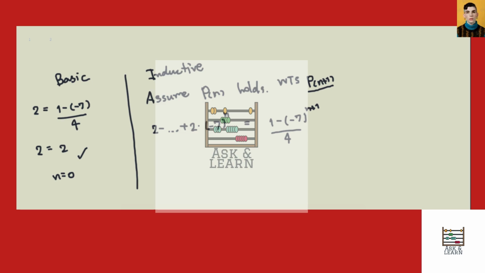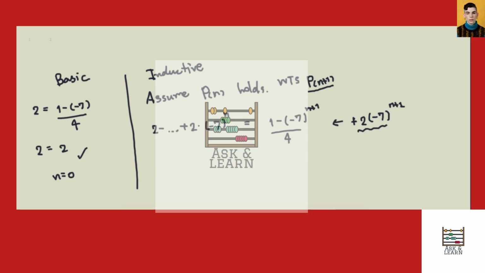The P(n) gives us this equation, and we have to work with this to get to the next statement. So what I'm gonna do is add 2 times minus 7 to the n plus 1, because this is the next term that will appear on the left hand side, right?